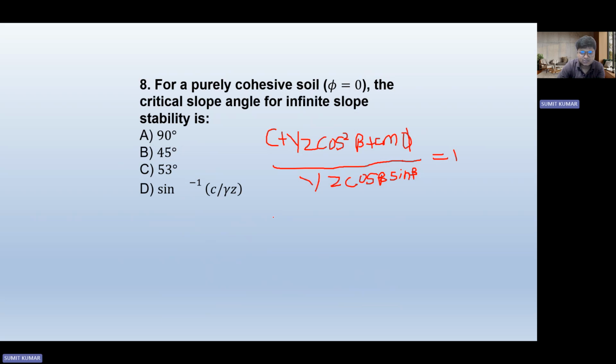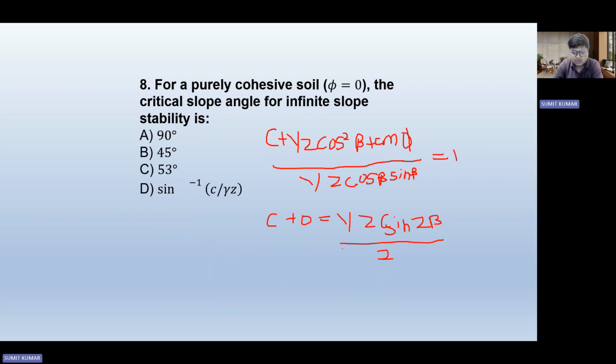And as phi equals 0, for a purely cohesive soil the critical slope angle for the infinite slope comes to be c plus 0, since tan 0 is 0, so gamma z cos square beta tan phi is 0, equal to gamma z sin 2 beta by 2.